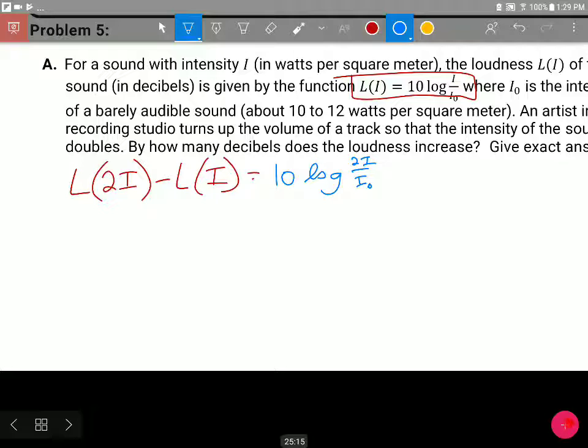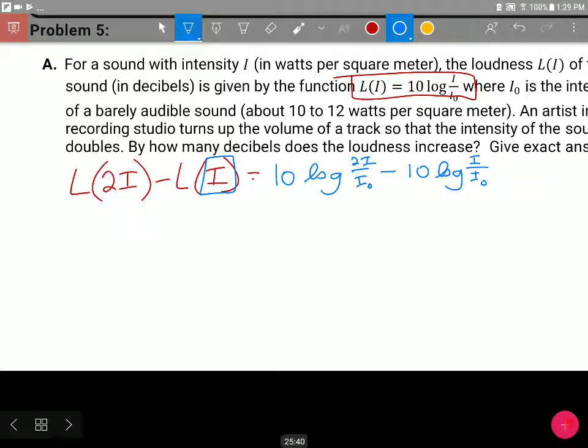Minus L of I. So that's minus the second one. We're just going to plug an I in for it. What does the letter 0 in the I mean? I sub o is the intensity of a barely audible sound. All right, that's what they give. So it's a constant in this case.